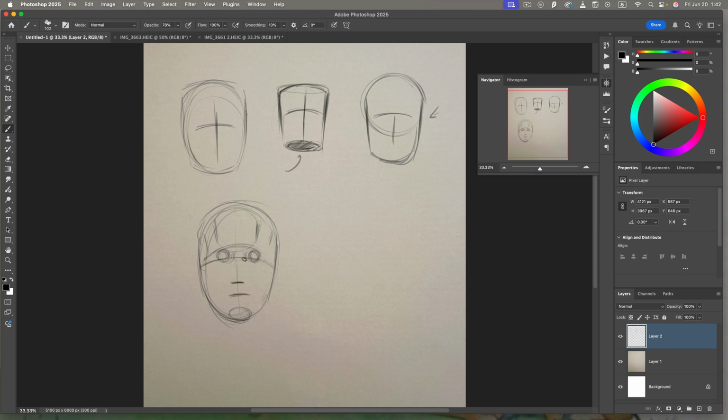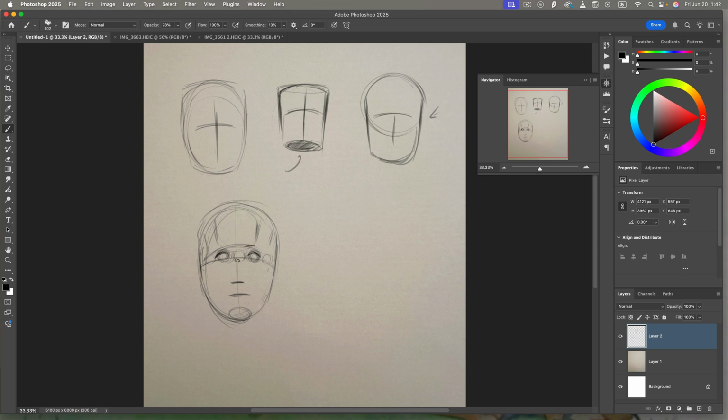So this is one, this is two, this is three, this is four, five, roughly speaking. Now, when I draw the eyes, again, I try to treat these also as a three-dimensional form. So when I draw the eyelid, I'm going over that form.